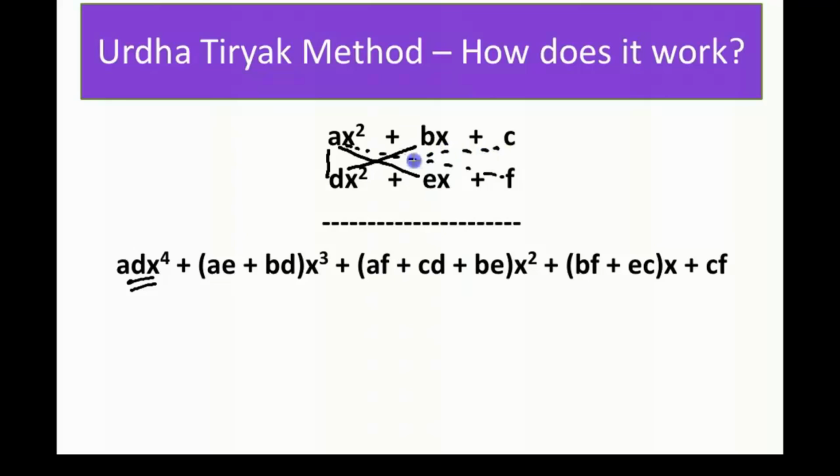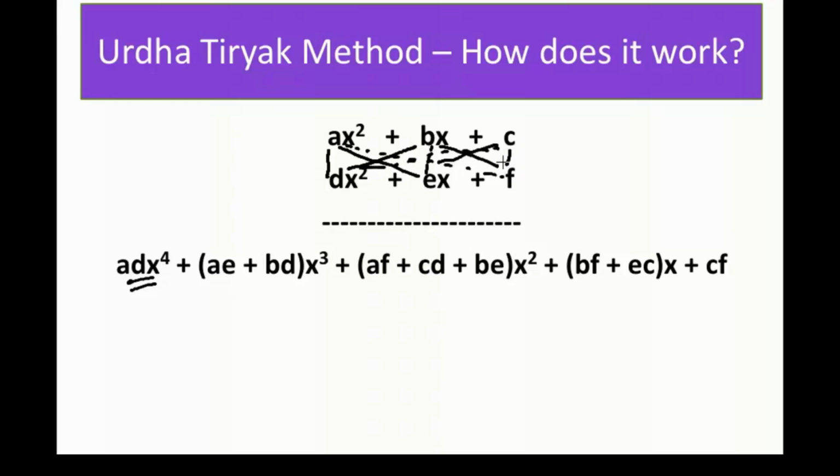Let's see how I should multiply to get this result. The first term is ad into x to the power 4, and I get ad by multiplying a into d. The next term is (ae + bd) into x to the power 3. I get ae by multiplying like this, and bd by multiplying like this.